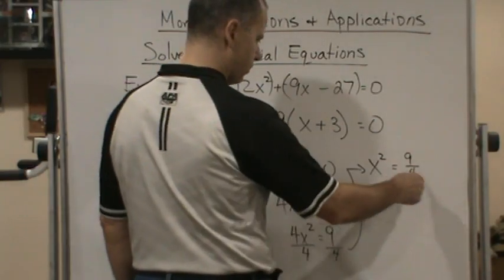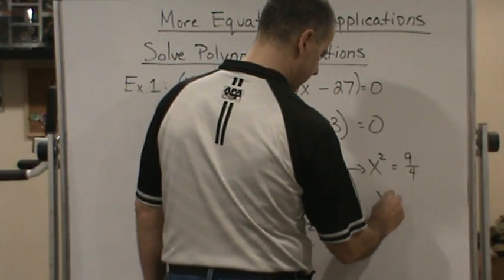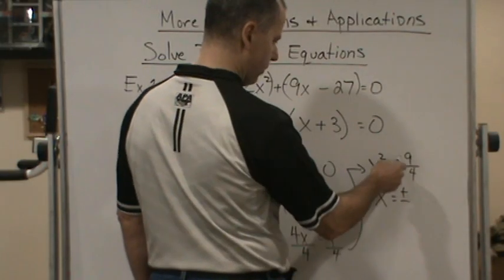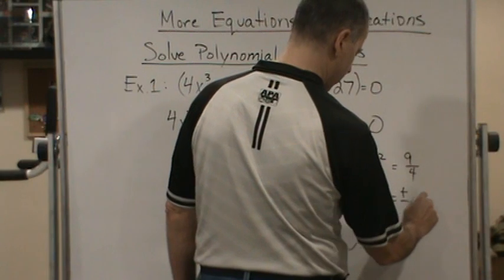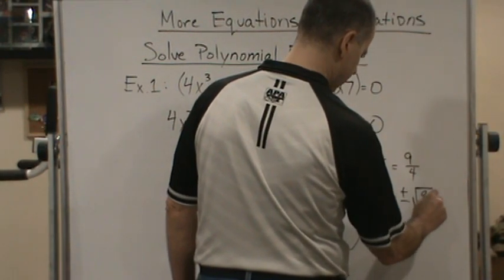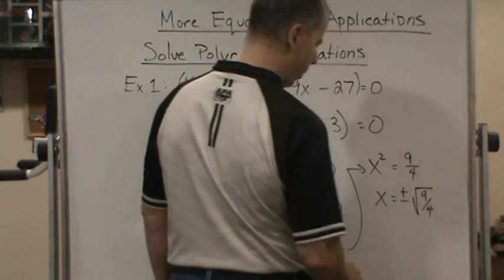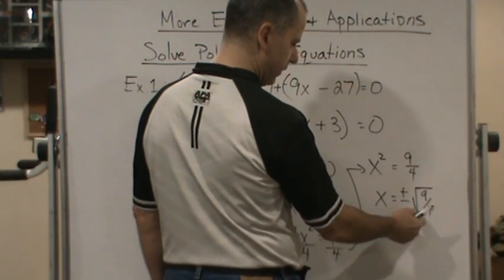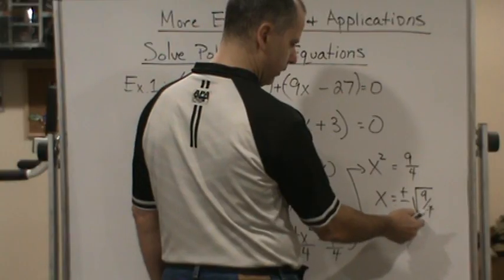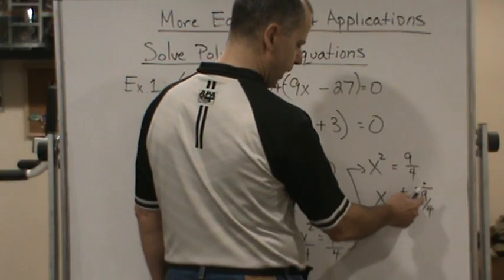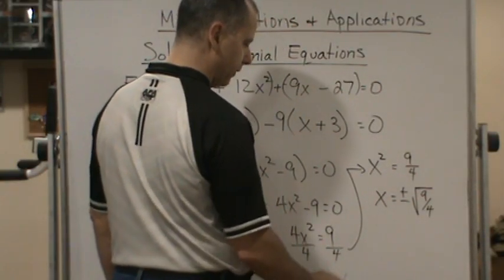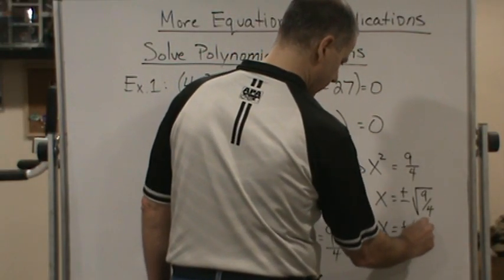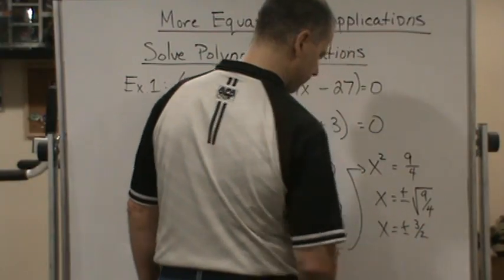So now we're going to take the square root of both sides, and that's going to give us x is equal to plus or minus the square root of 9/4. But by properties of roots, we can split this up into the denominator and numerator, right? So we can take the square root of the 9 and the square root of the 4 separately. And so this is going to give us x equals plus or minus 3/2.